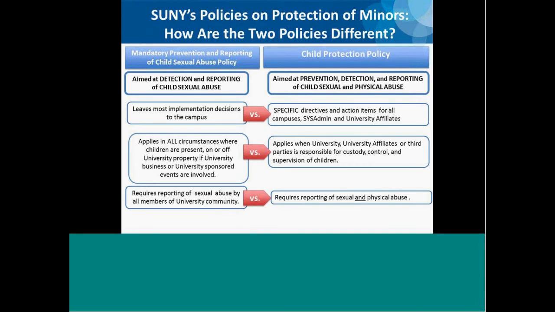The Mandatory Reporting Policy requires that incidents of sexual abuse be reported by all members of the university community. In contrast, the Child Protection Policy mandates reporting of both sexual and physical abuse and provides specific delineation of responsibilities.